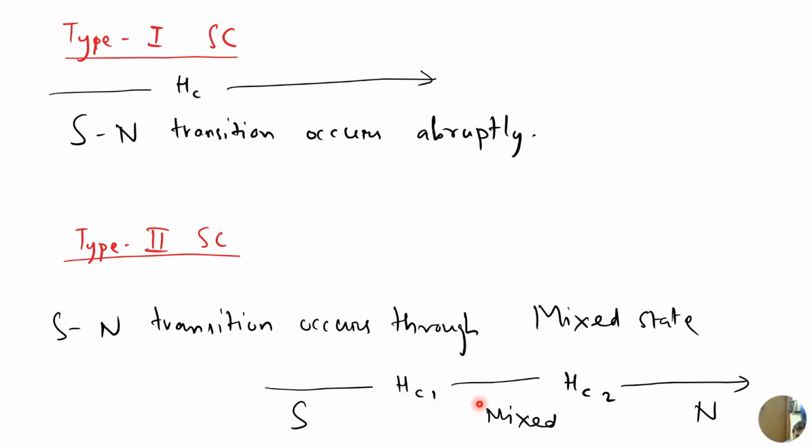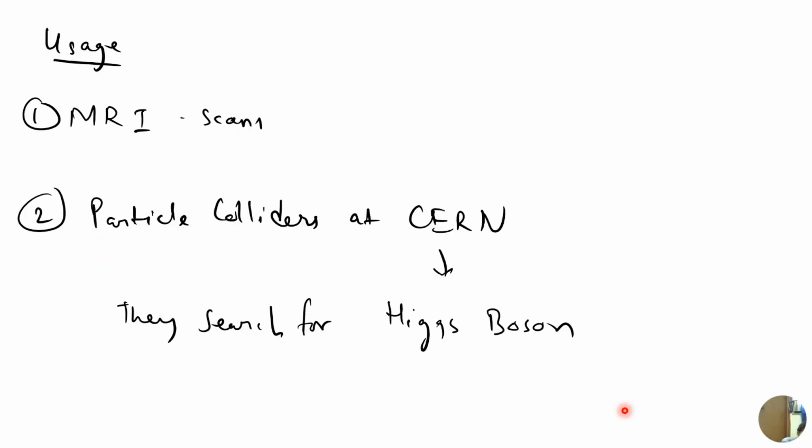That is called a mixed state, mixed because it has certain superconducting regions and certain non-superconducting regions. As you increase the magnetic field strength from Hc1 to Hc2, the region of the normal state will start to increase, and from Hc2 onwards it will be a non-superconducting state. So this gradual transition happens in type 2 superconductors.